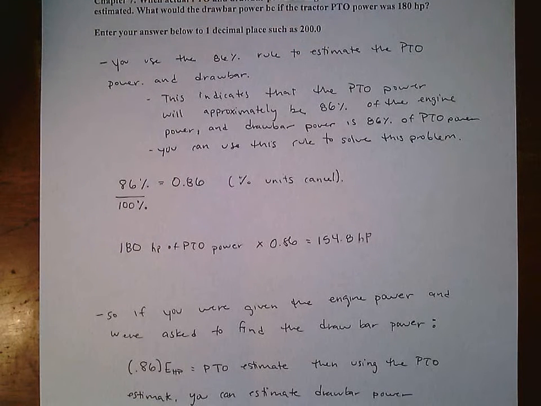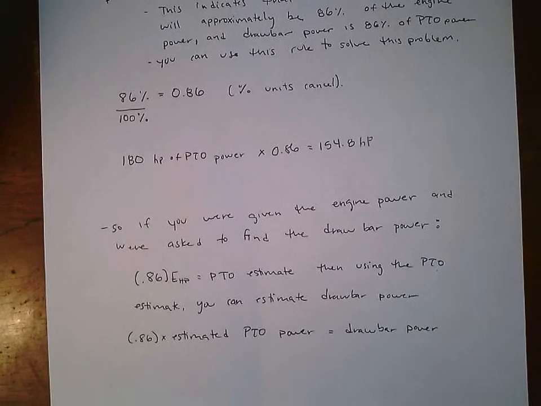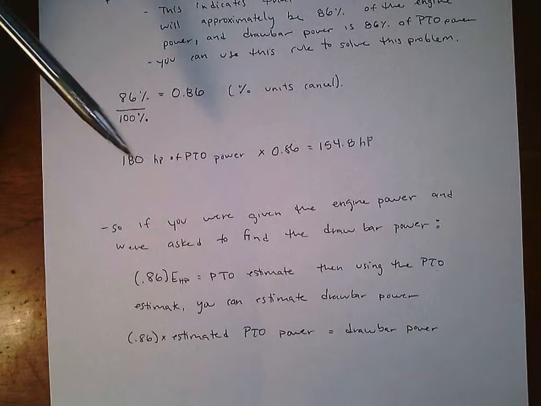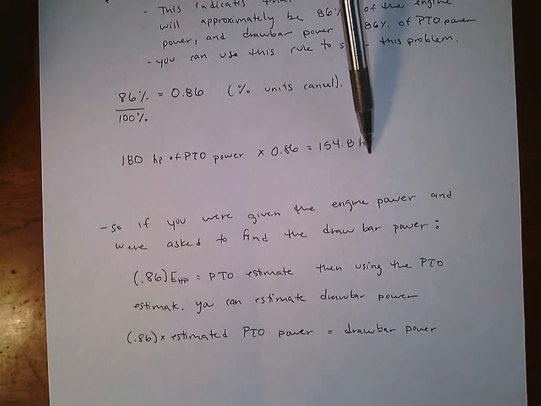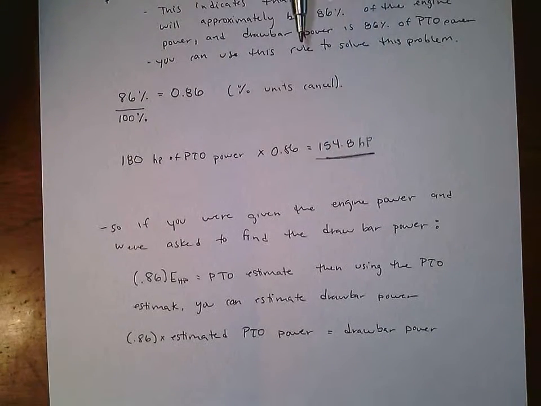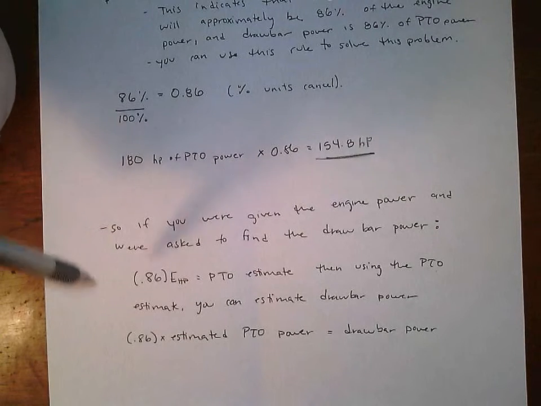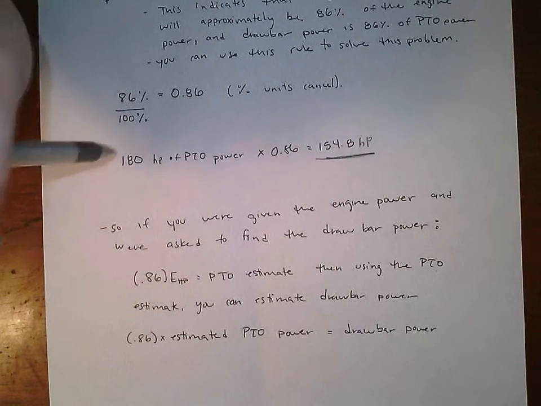The 86% rule is also a way to estimate the PTO power. In this problem, we were only looking for the drawbar power, which was the 154.8 horsepower. But let's say, for example, you were asked to estimate the drawbar power from the engine power in horsepower.